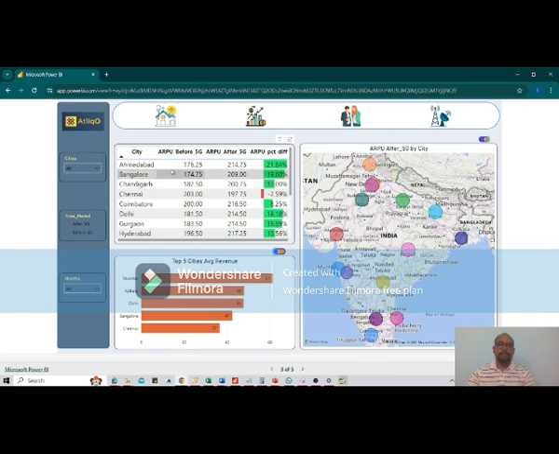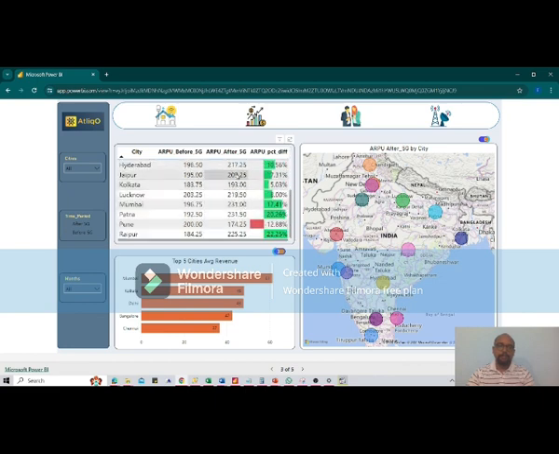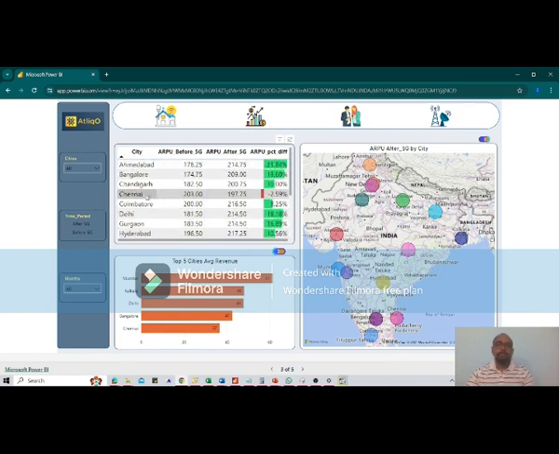This depicts the cities with the revenue per user before and after 5G. You can see that before and after 5G the revenue has increased for almost all the cities, except for Pune, which has decreased by 12.88%, and also Chennai.